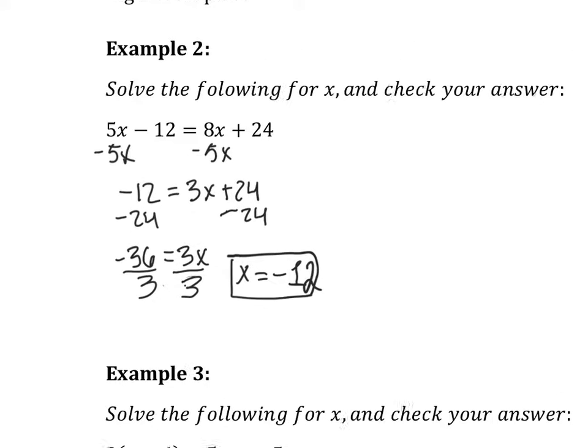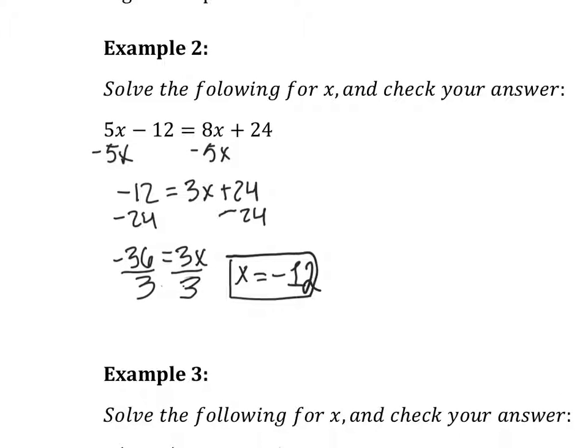All right, guys, so let's go ahead and take a look. So example 2, there wasn't any distributing that needed to happen or combining of like terms on each side. So then you just had to work on getting the x terms together. Again, it doesn't matter what side of the equal sign that you move the x's to. If you wanted to subtract the 8x instead and move the x's over to the left, you still would have ended up with the same answer.